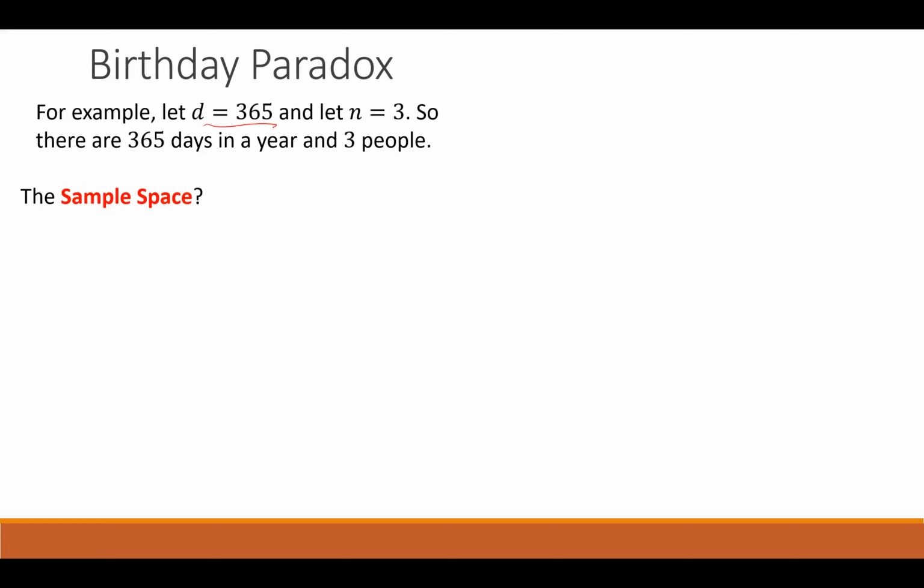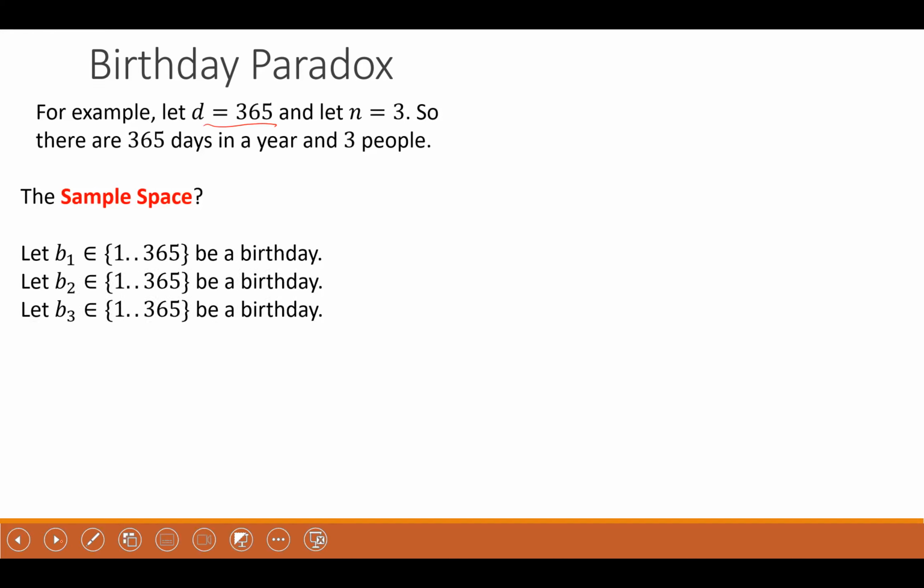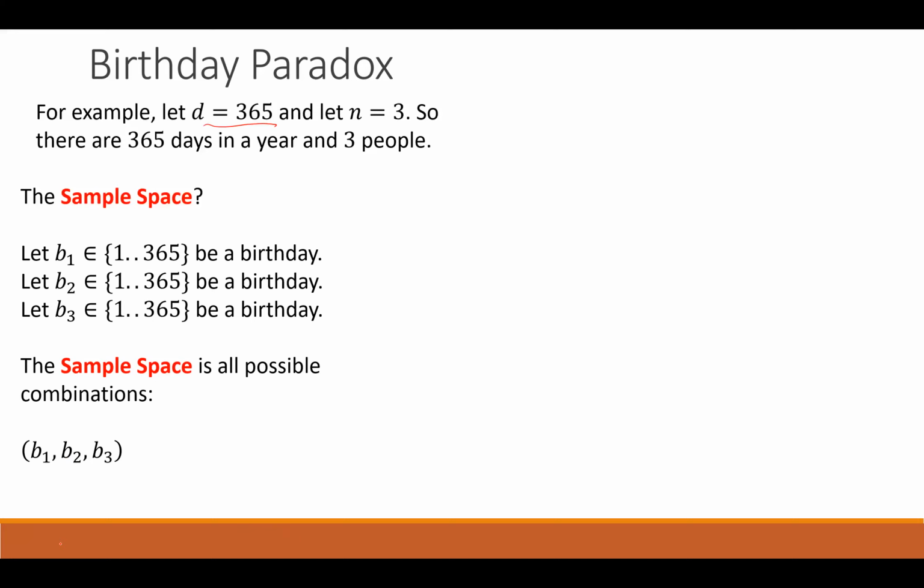So what is my sample space? It's a collection of 3 values, B1, B2, B3. And what is the size of my sample space? Again, this is just the product rule. I could think of it as a string of 3 characters, and each of them comes from an alphabet of size 365.